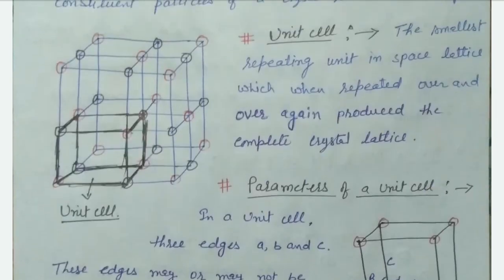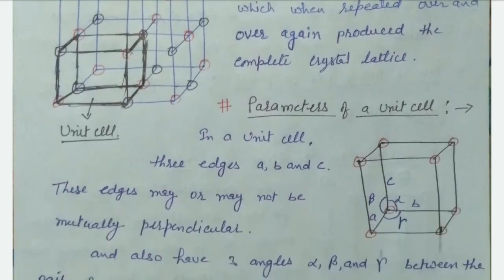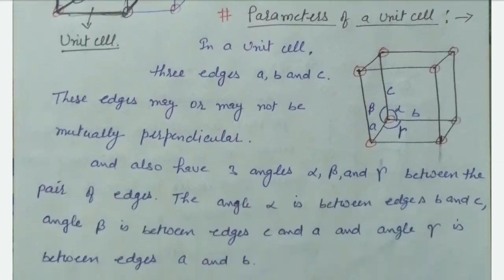When we study the unit cell, it has six parameters, called the parameters of the unit cell. These six parameters are three axes, a, b, and c, and three angles, alpha, beta, and gamma. These three axes, a, b, and c, may or may not be mutually perpendicular to each other, while alpha, beta, and gamma may or may not be equal to each other.